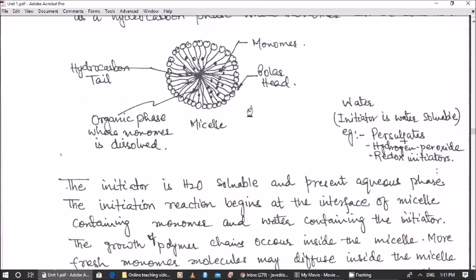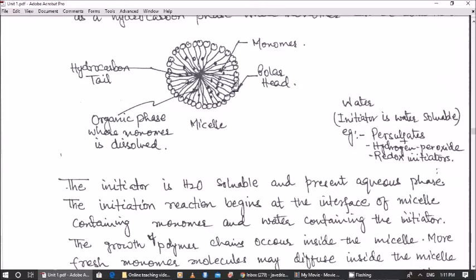So in emulsion polymerization, the initiator is situated outside the micelles, in the aqueous medium. So the initiator will start the polymerization reaction only at the surface of the micelle.